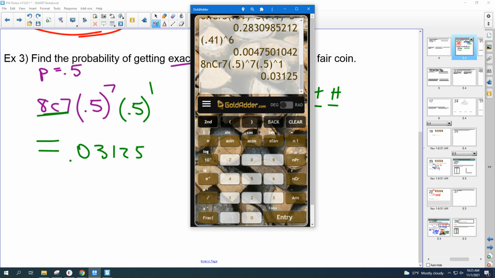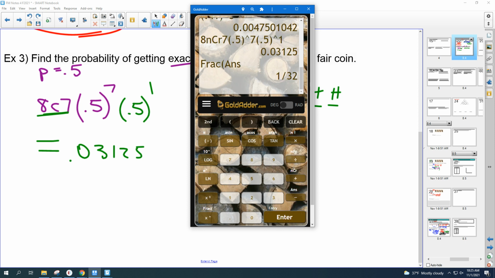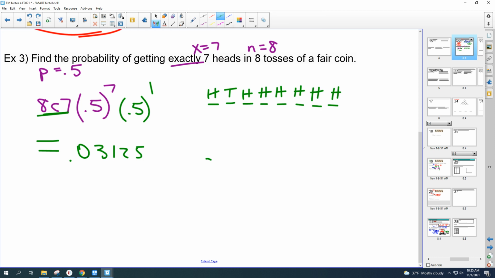Sometimes the answer will turn into a nice fraction. This one might be that that time, 1 over 32. I like decimals better, but sometimes fractions are nice.